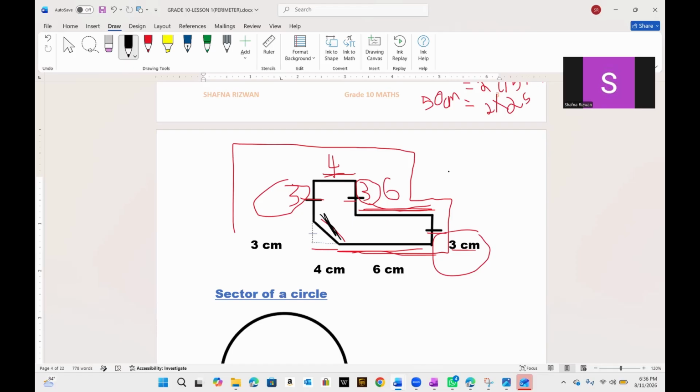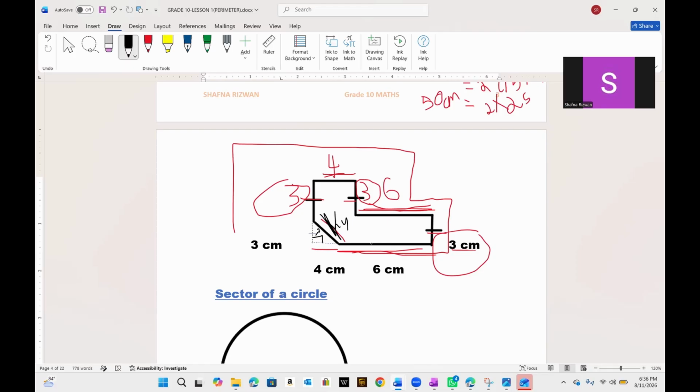Pythagoras theorem means if you have a triangle, you will have the angle of 90 degrees. Then the angle 90 degrees opposite you will always have what? If the angle is 90 degrees, this is a right angle triangle. In a right angle triangle, the opposite side will become your hypotenuse. So this is a hypotenuse side.